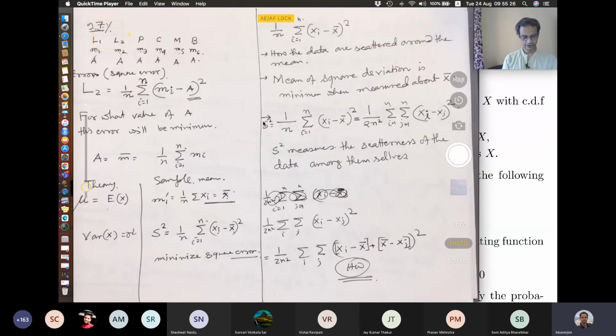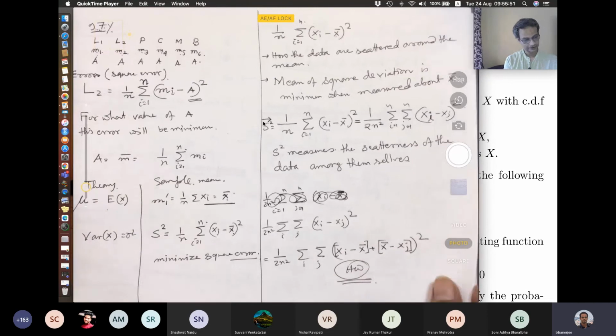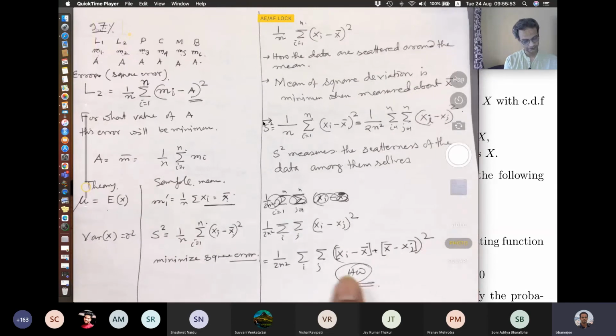So whatever we have studied today, we have defined the discrete random variable, CDF and PMF, the continuous random variable, CDF and PDF, and we have talked about the moments in general, and also the interpretation of mean and variance. Before leaving, let me tell you one more thing.